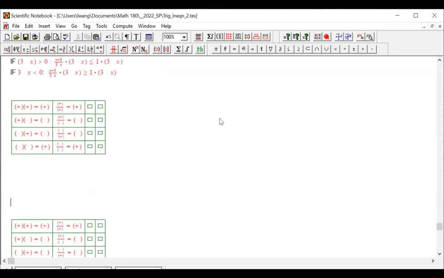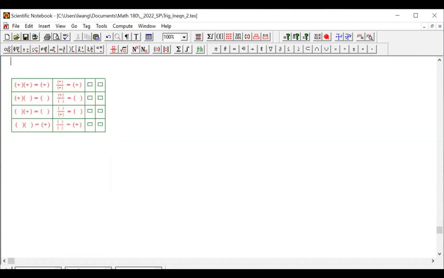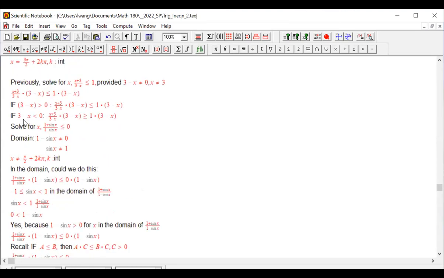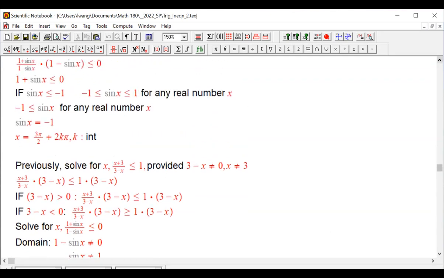How do we show work? Let's see, 150%, I'm making it larger. Okay, so we start showing work.